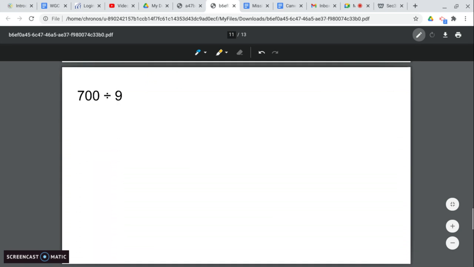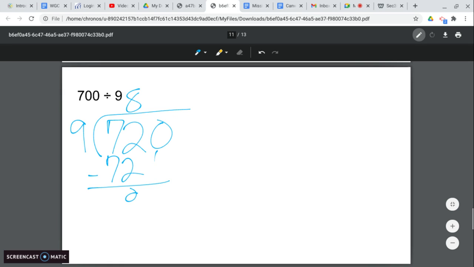So if we think about multiples of 9, 9 times 8 is 72. So we could bump this using compatible numbers up to 720. Divided by 9. 9 can go into 72 8 times. Bring down the 0. So 80 would be our answer here.